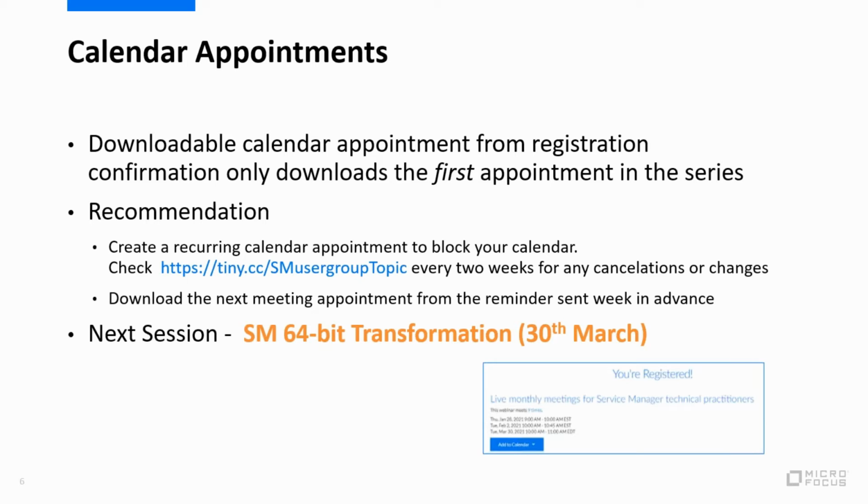So in such case, we highly recommend you to create a recurring calendar appointment to block your calendar, and then you can ensure that you can get the update and download the next meeting appointment from the reminder.